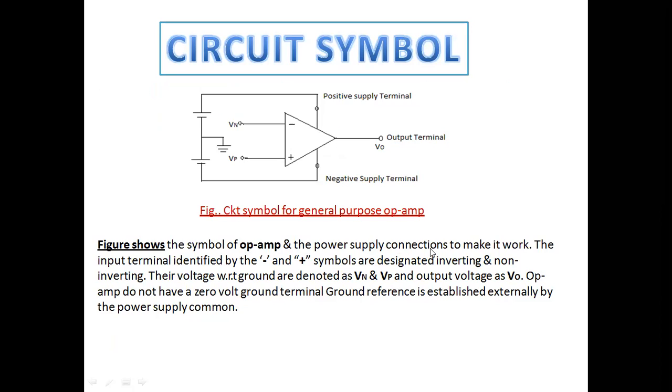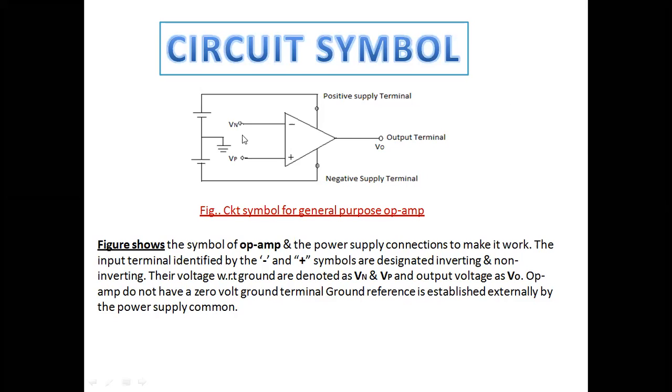Here we can connect the power supply to this op-amp to make it work. And here we are defining the input terminals, inverting and non-inverting. The negative input terminal we call the inverting input terminal, and the positive input terminal the non-inverting input terminal.